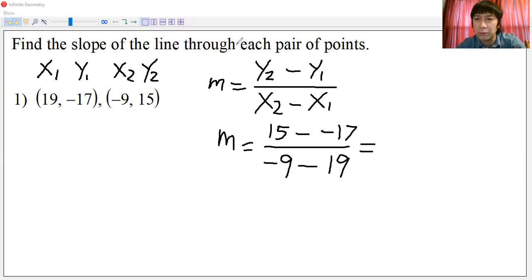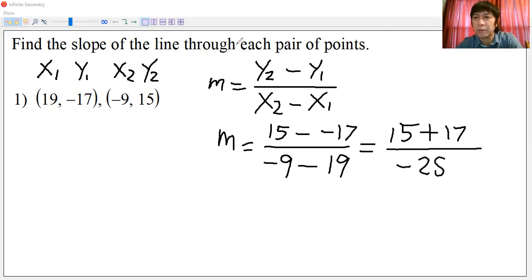This will be equal to, all right, remember your sign number rules. This is 15 minus -17. This will turn out 15 plus 17. And at the denominator, this will be added to -28. There. And the numerator, we have a positive 32. And at the denominator, we have a -28.